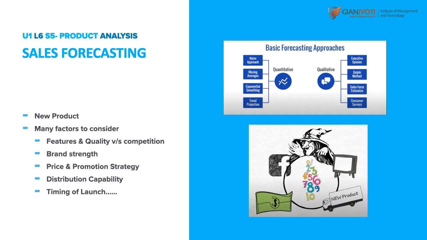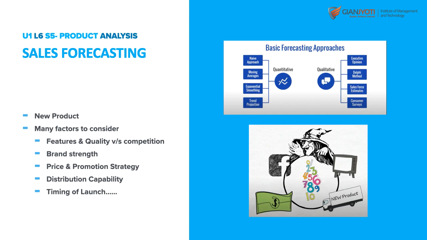So you consider many factors for this sales forecasting, like features and quality vis-a-vis your competitors, brand strength, price and promotion strategy, distribution capability, timing of launch, and many other factors. But the two prime factors which you must consider are the brand strength and the distribution capability.